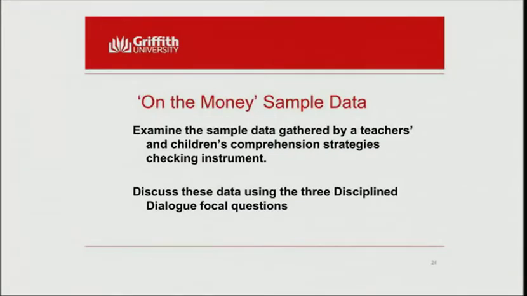So, on the money, that school, I'm going to provide you with a brief discussion on some sample data. Now, if you open your folders to what I've included here, which is a purple sheet, it's a teacher's comprehension check, which was actually run at this school, and you are to follow it with the orange sheet, which is the children's comprehension check.